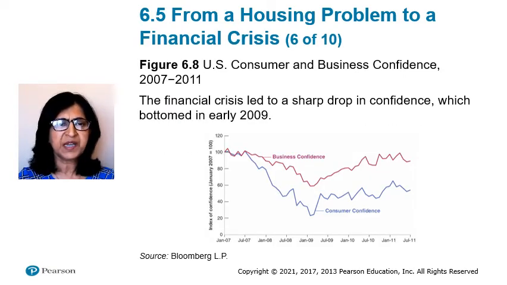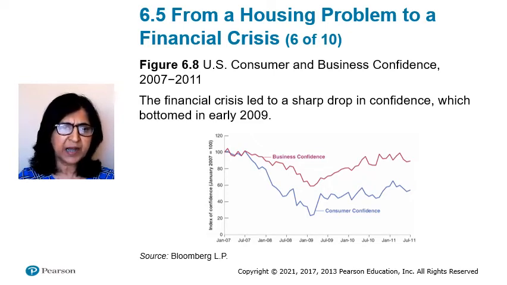Macroeconomic implications. Figure 6.8 shows US consumer and business confidence from 2007 to 2011. The financial crisis led to a sharp drop in consumer and business confidence from 2007 to 2009, which in turn affected output. It bottomed in early 2009.